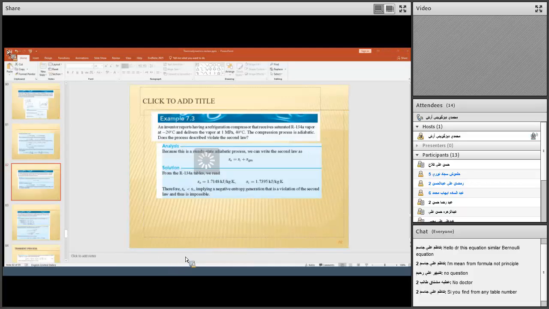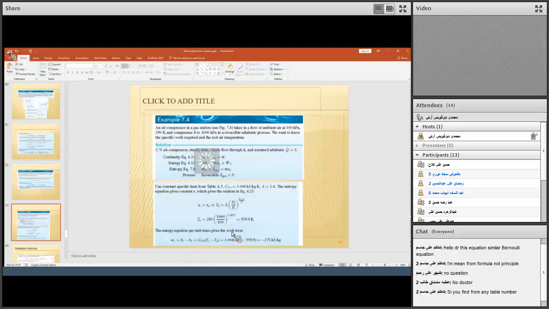So we continue to solve another example. An air compressor takes in a flow of ambient air at 100 kilopascal and 290 Kelvin and compresses this air to 1000 kilopascal in a reversible adiabatic process.